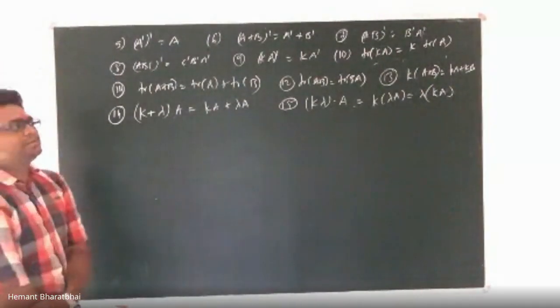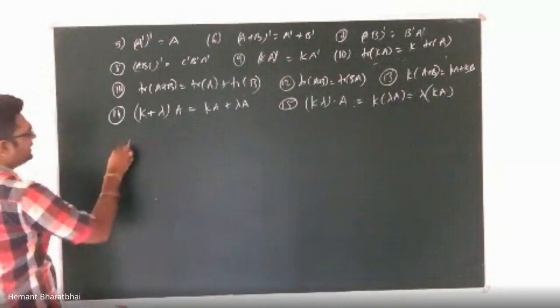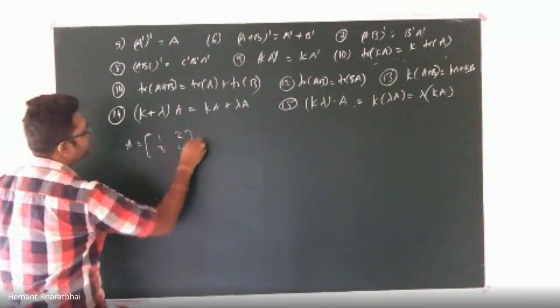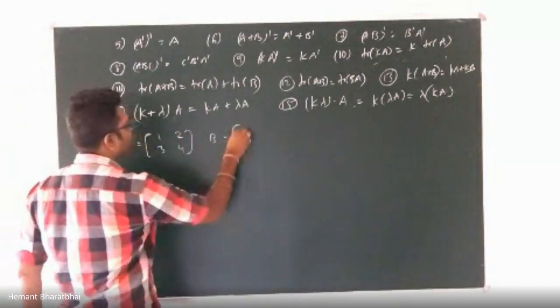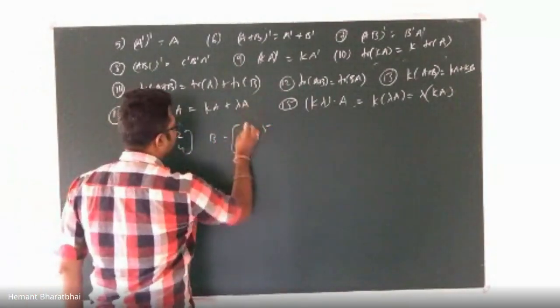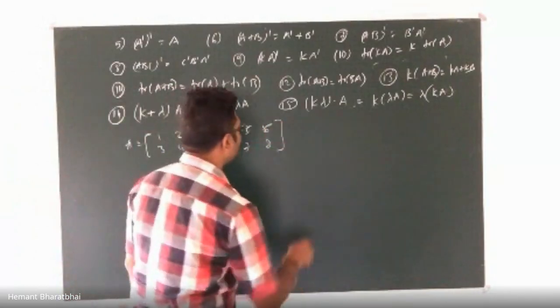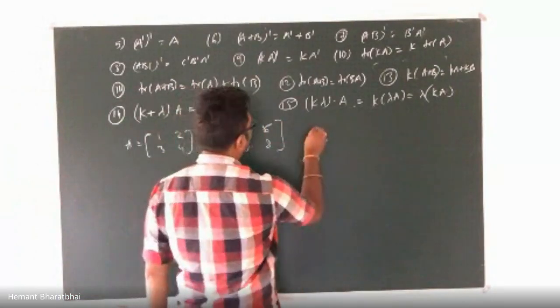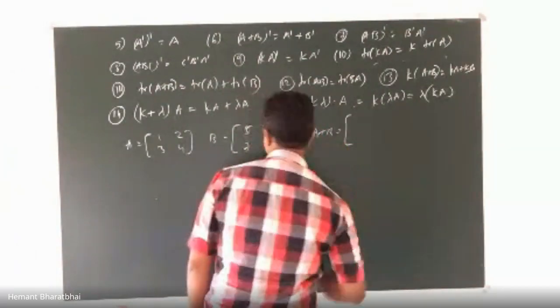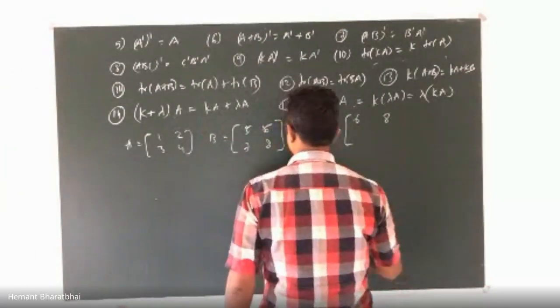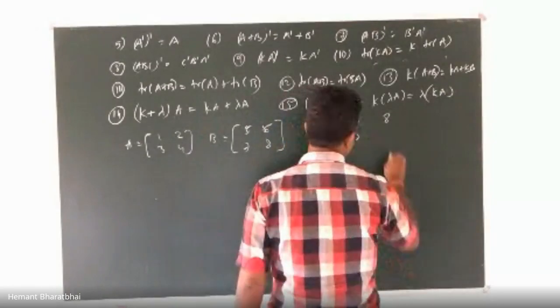So let's prove this property also. So again, let me take matrix A as 1, 2, 3, 4, and matrix B as 5, 6, 7, 8. So matrix A plus B will be nothing but 1 plus 5, 6, 8, 10, and 12.